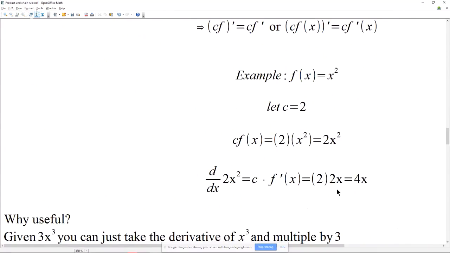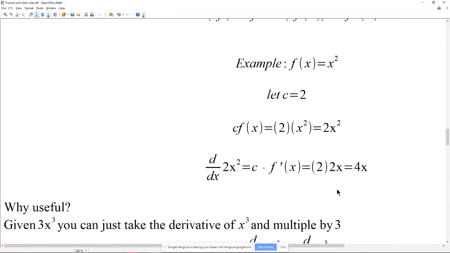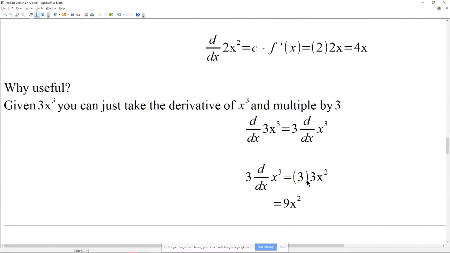And let me ask you, why do you think that's useful? It's useful because you can draw things out. If somebody says, look, I'm giving you d over dx of 3x cubed, I know that if I take the derivative using the product rule, I'm going to be left with 9x squared. I can do that in my head as well.